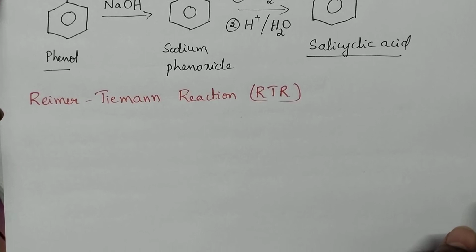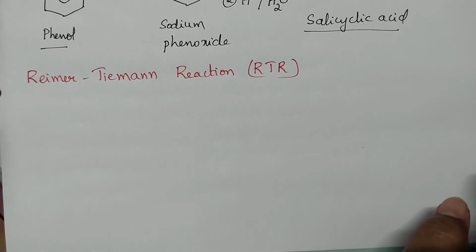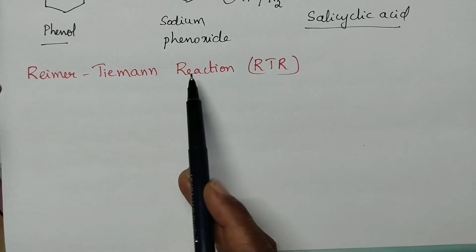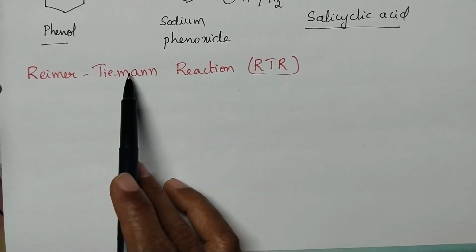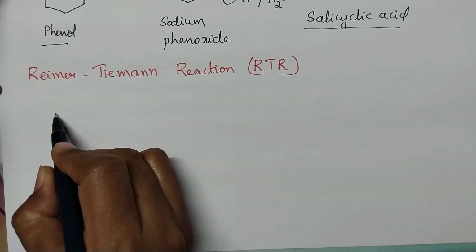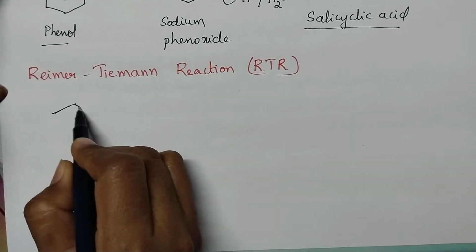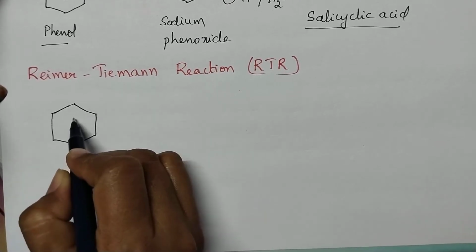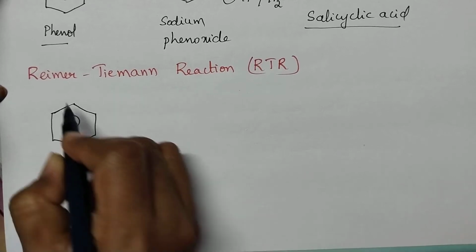Now let us discuss in detail the Reimer-Tiemann reaction. In this Reimer-Tiemann reaction also, the starting material is phenol. What is the starting material? Here also we will use phenol.